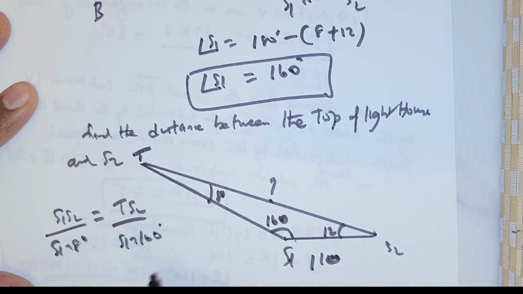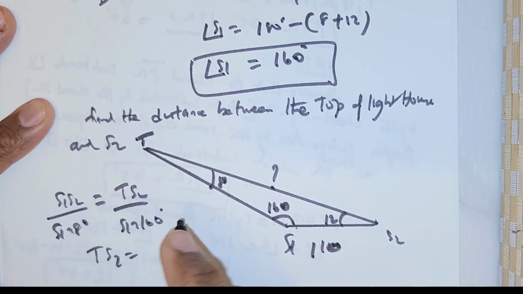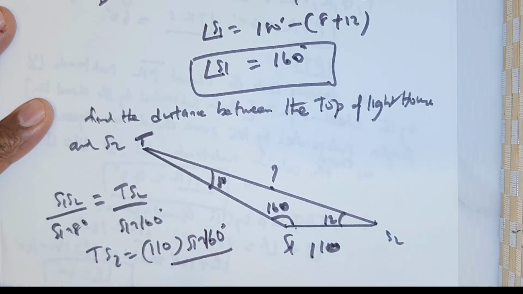Now S1S2 is already given. So TS2 is equal to S1S2, 110, multiplied with sine of 160, divided by sine 8 degrees.